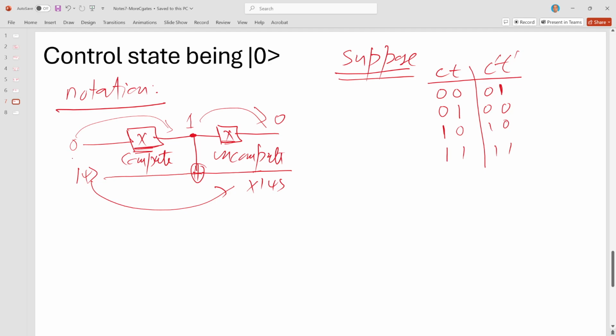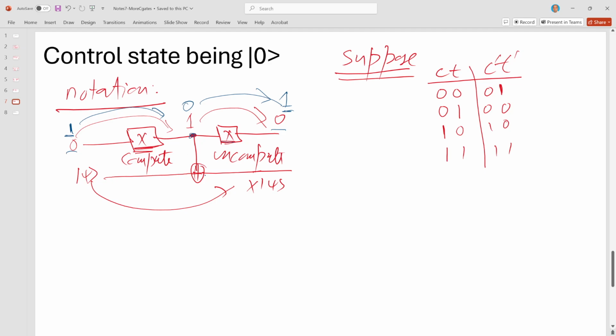And if this state is 1, then this X gate will take it to 0, and this control X will not be active, but this X will uncompute it and take it back to 1. So I start with 1, I go to 1, I start with 0, I go to 0.